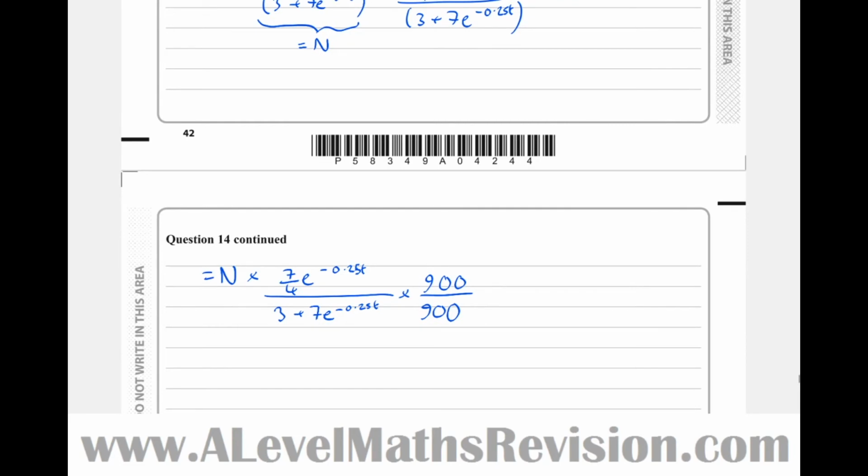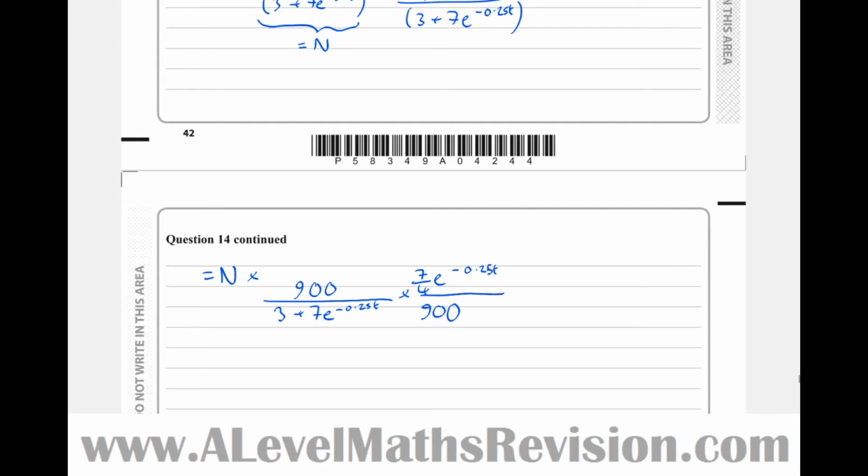So now what I'm going to do, I'm going to change the order in which I do the multiplication on this numerator. So I'm going to take that and move it to that side, take this 900, put it there. So it still says exactly what it did. We're just doing the multiplication in a different order.